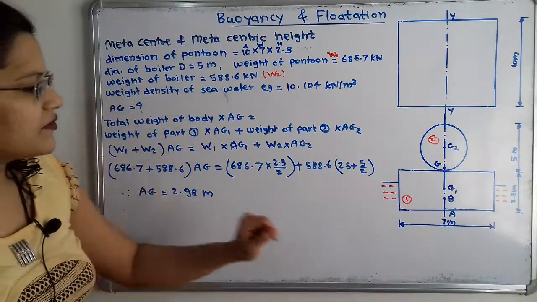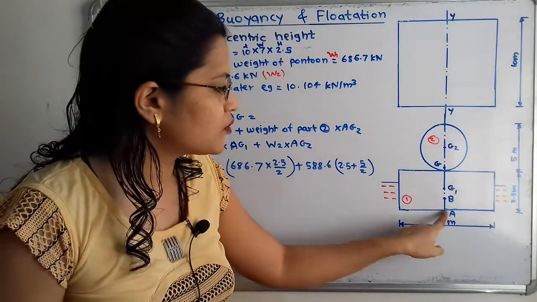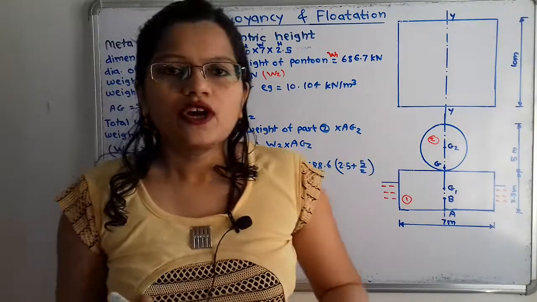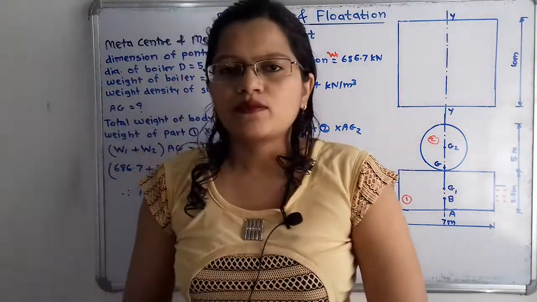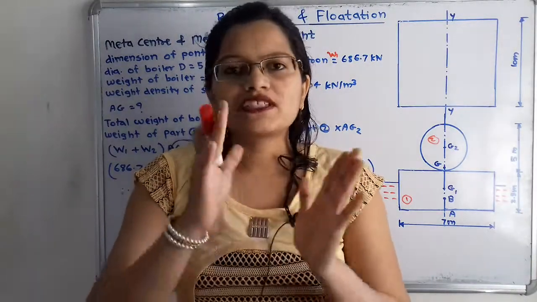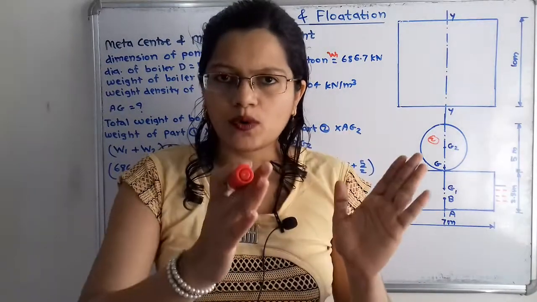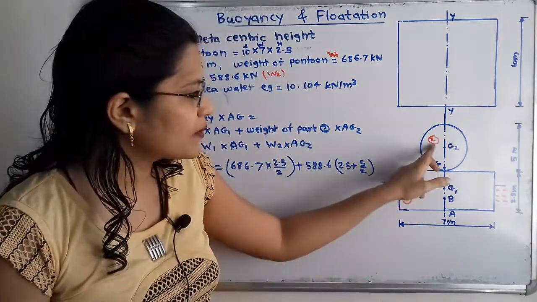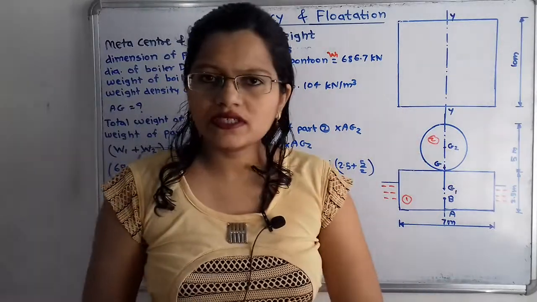Now we will first find the distance of the center of gravity of the whole body from this bottom point A. That is, we will find the distance AG. Remember that for the calculation of the center of gravity, we have to mention the weight. On the left hand side we take the weight of the whole body, which is equal to, on the right hand side, the combination of these two parts, that is the weight of the first part plus the weight of the second part.